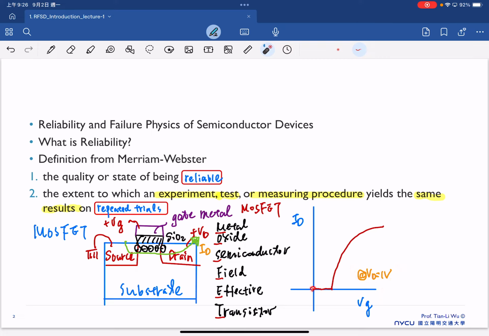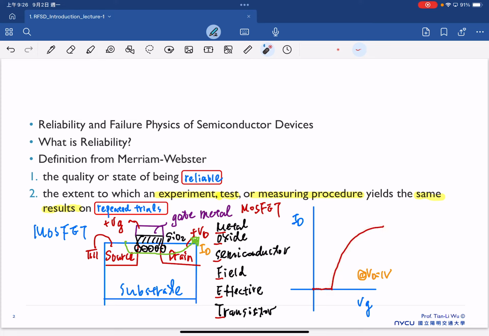And in the meantime, you start to gradually increase the gate voltage. After a certain moment, you start to have enough electrons under the dielectric. And because we also apply the drain bias, now we can expect the electrons to start to flow from the source to the drain side. Therefore, that's why we have the drain current here.